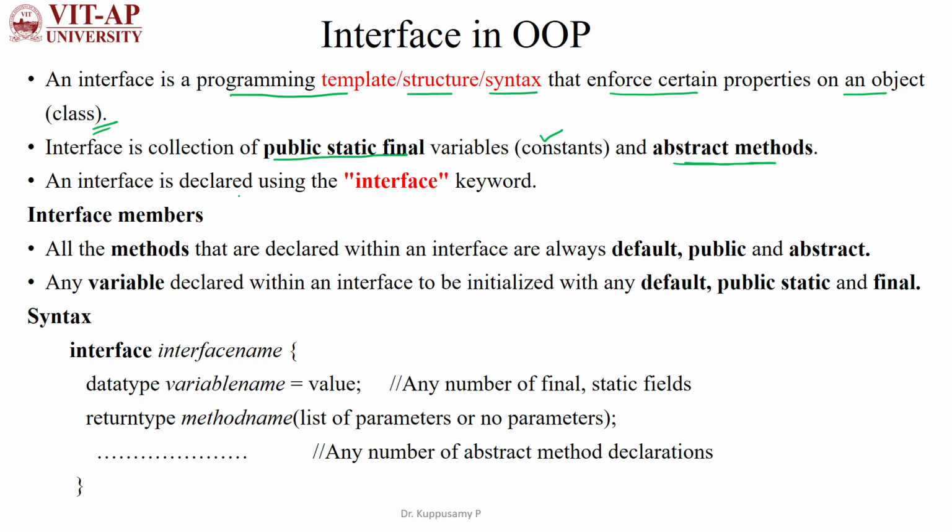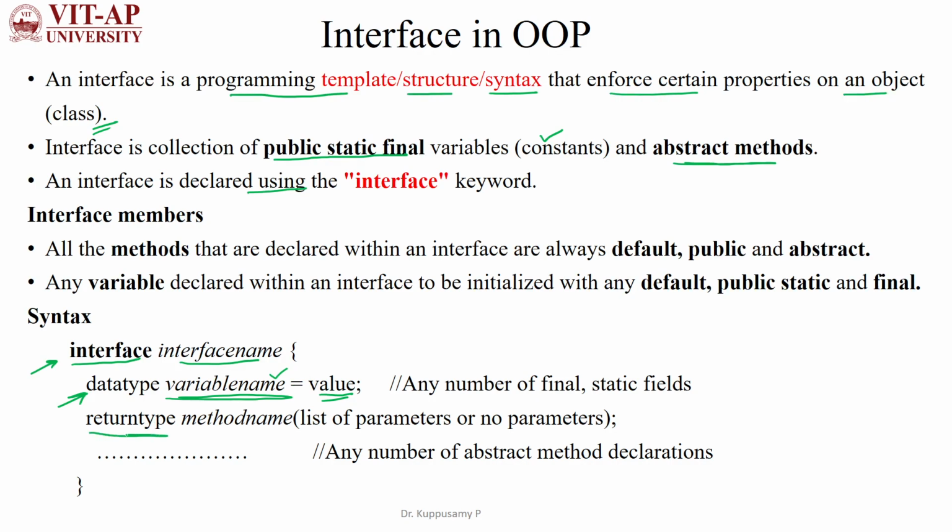Here the interface is declared using the interface keyword. For example, the syntax is given: interface is the keyword, then the interface name. Then I declare the variables, with their data types mentioned, and at the same time we have to initialize the value of the declared variables in the interface itself.